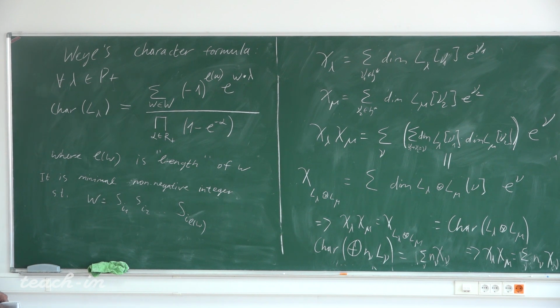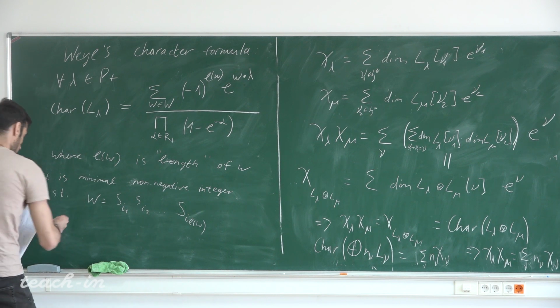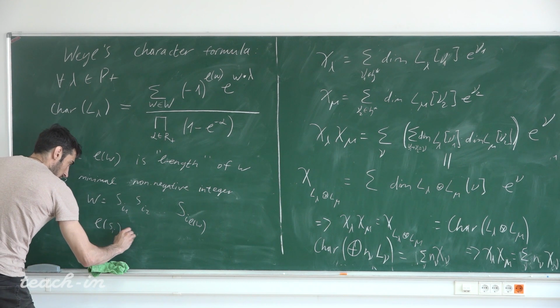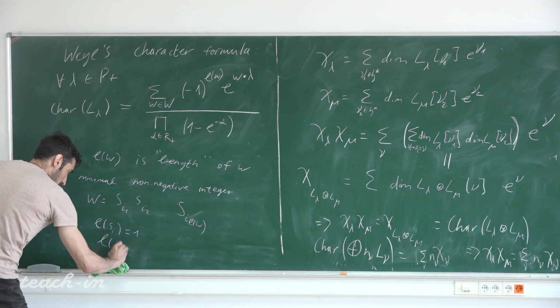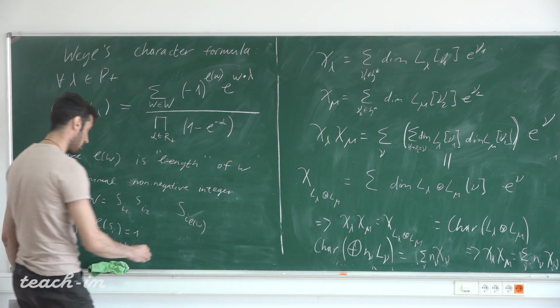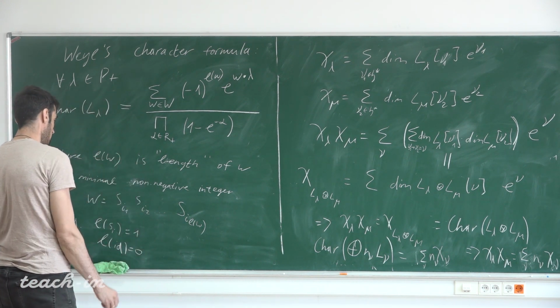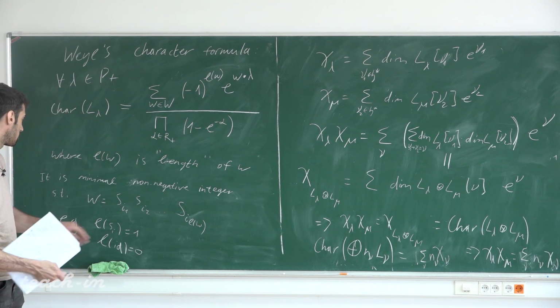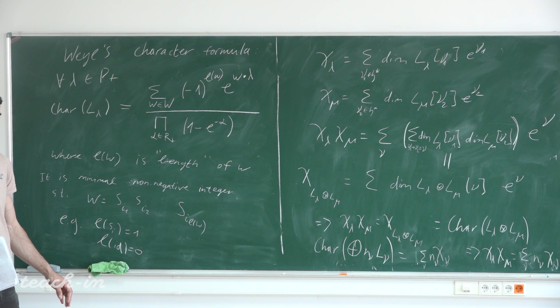Okay, so for example, if I have a simple reflection, L of Si is 1, L of identity is 0. And there's actually an element of maximal length, which is some statement.